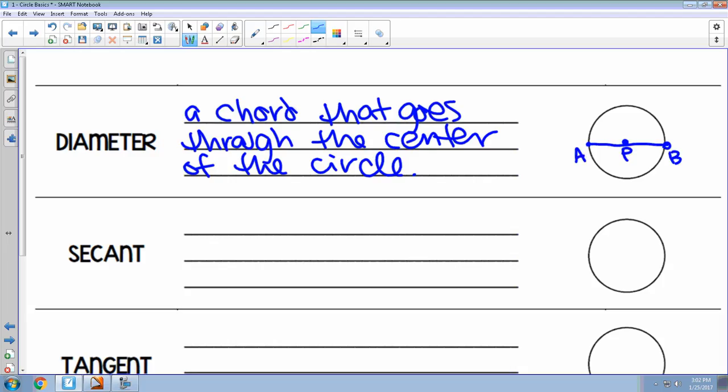So you have, say, points A and B here on the circle, but now P is also a point on that segment. One thing that we already talked about too is that a diameter is exactly twice your radius. So before we said your radius went from the circle's edge to the center. Well, now since this goes through, your diameter is 2 radii.